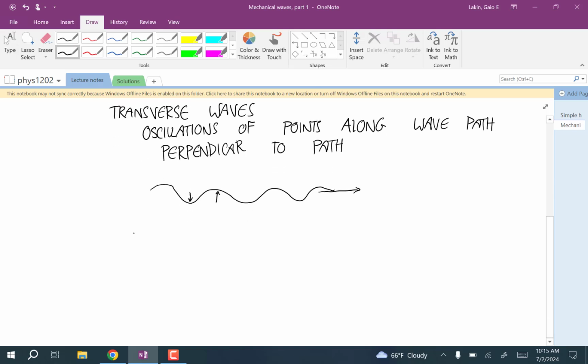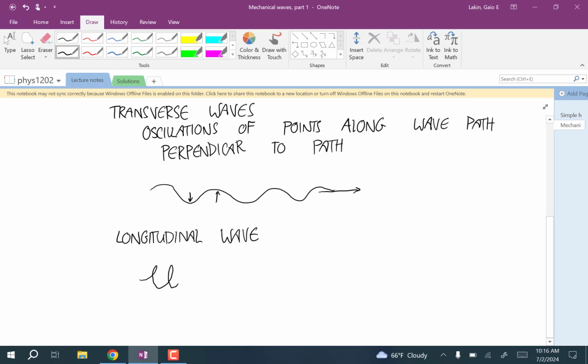The second type of wave is a longitudinal wave. And these are cases where the easiest way to visualize this is with sending a pulse along a slinky in the direction of the slinky. You know, the slinky spring thing. They still make those.